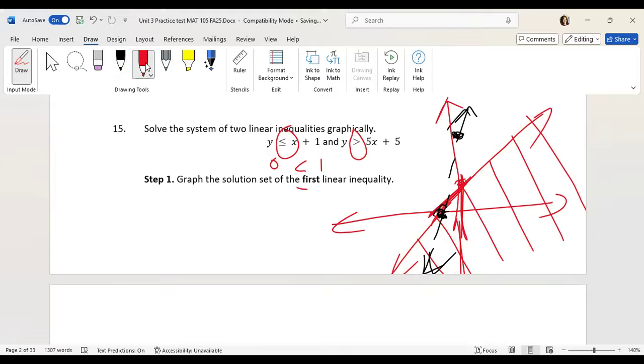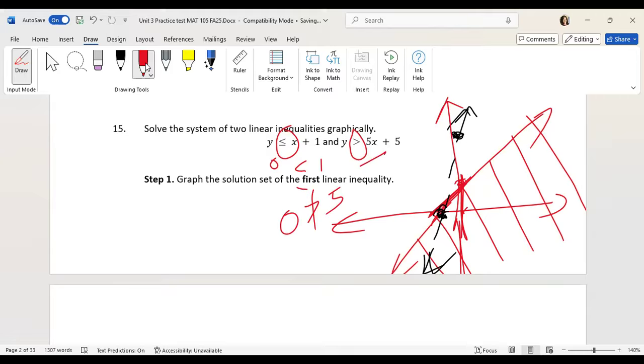If I pick the point 0, 0 and test it here, is 0 greater than 5? That is false. 0 is not greater than 5, so 0, 0 does not satisfy this inequality.